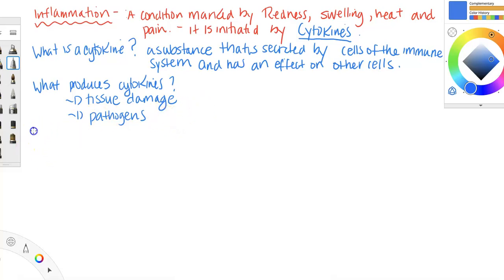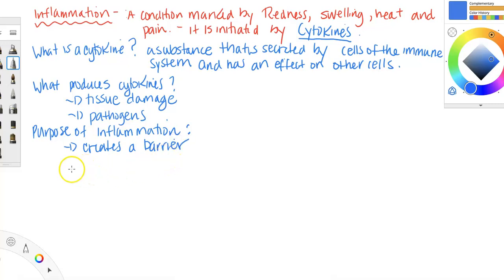So what is the purpose of inflammation? Because inflammation kind of gets a bad rap, because chronic inflammation isn't good. It's bad. But inflammation itself is a very important key aspect of the innate immune system because it creates a barrier so that it protects your healthy cells.